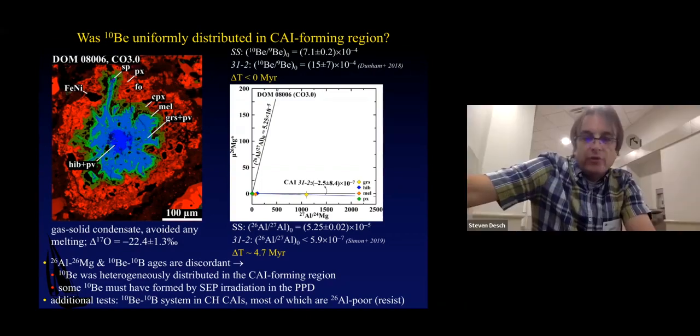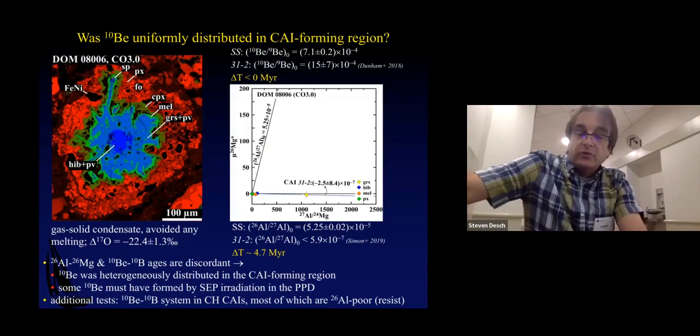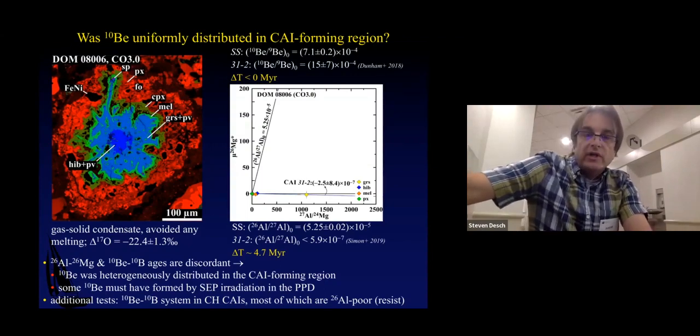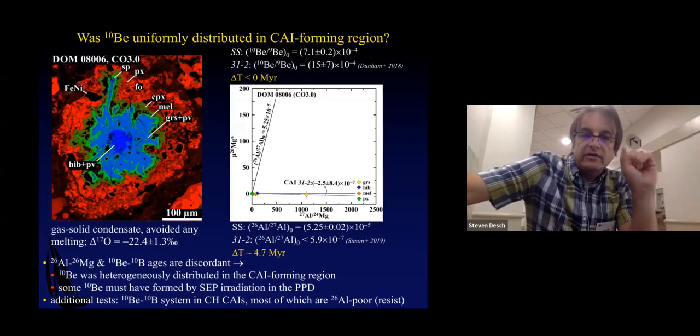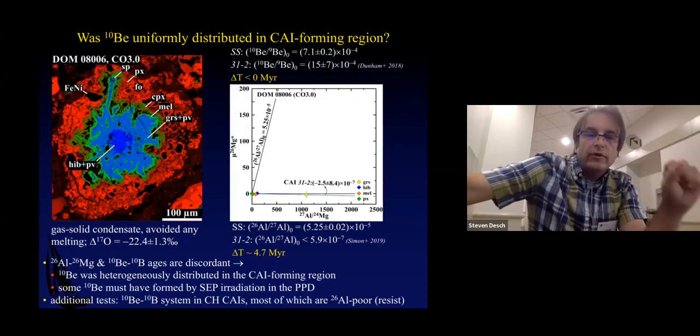This slope is mostly dominated by the grossite and the really refractory phases. It gets into the weeds, but all the samples where you can infer a very tight upper limit on the aluminum-26 are these very refractory phases only, even in individual inclusions like this.